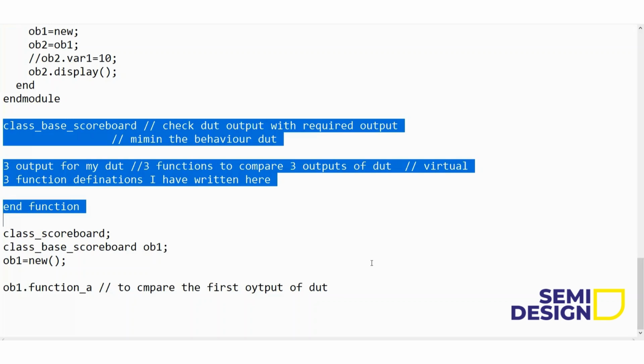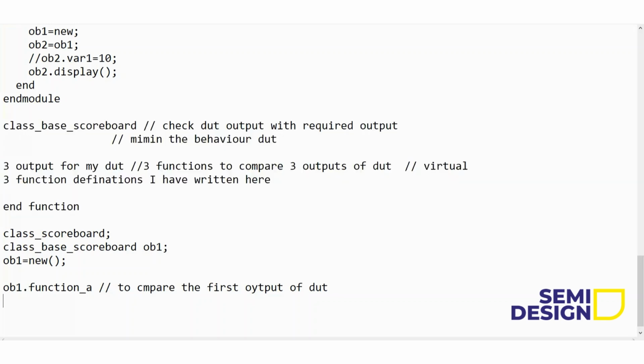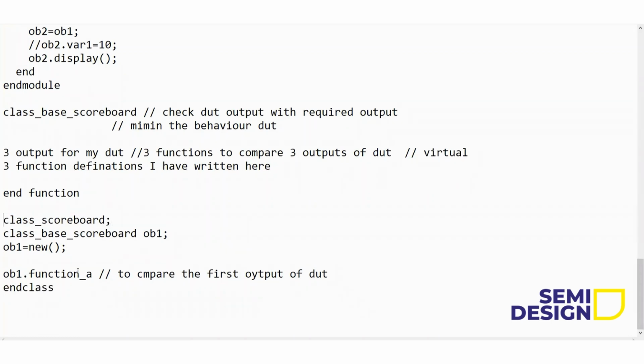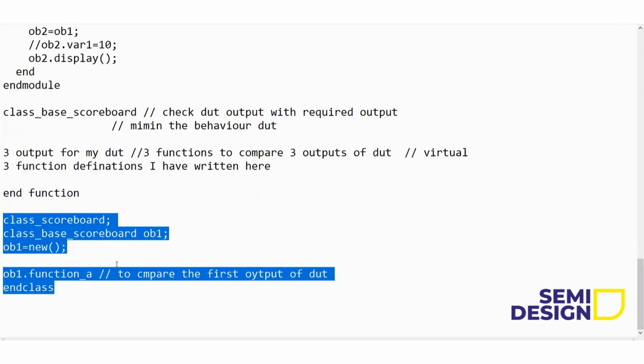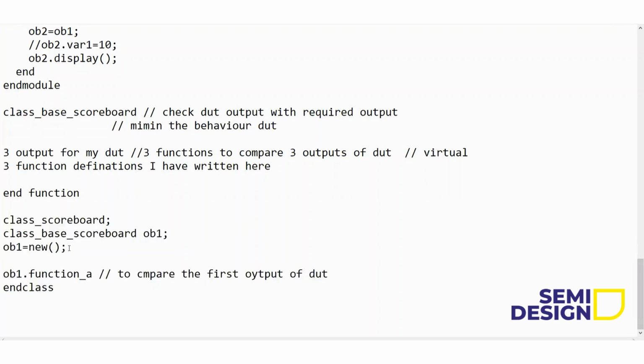The second class, you're not extending any? I am extending now, this class scoreboard. Yes, I should be extending it. Again, it's up to me. If I'm extending, then if there is anything written here, I can use it. Normally we extend this. But here my main aim is object 1.